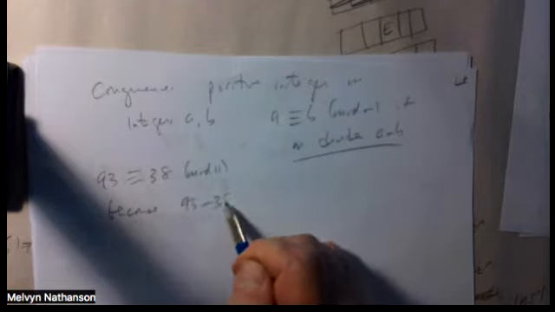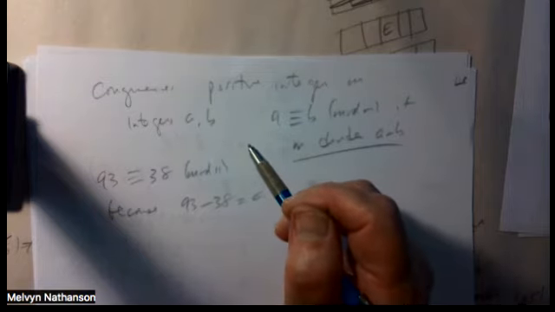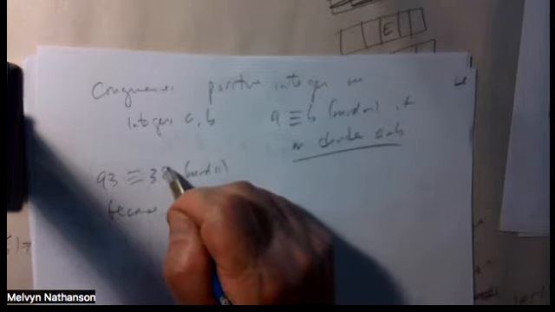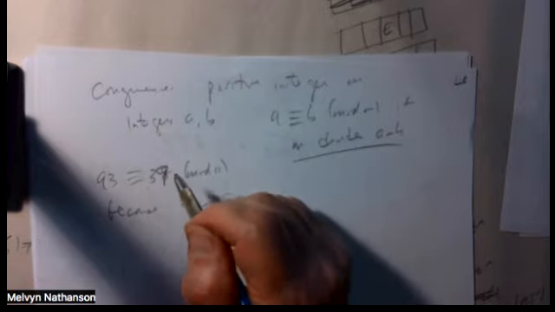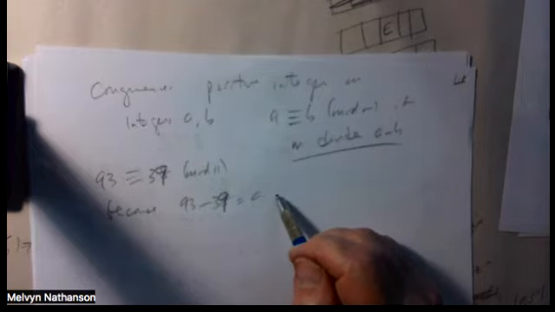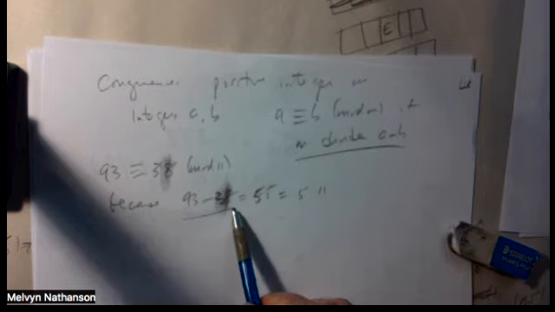Because 93 minus 38 is 55, which is 5 times 11. So 11 divides this difference, 93 minus 38. So 93 is congruent to 38 mod 11.